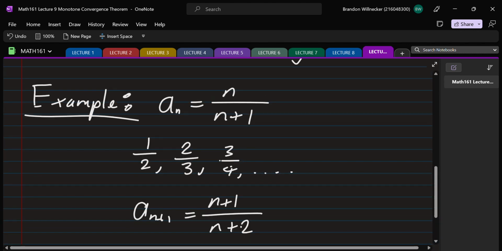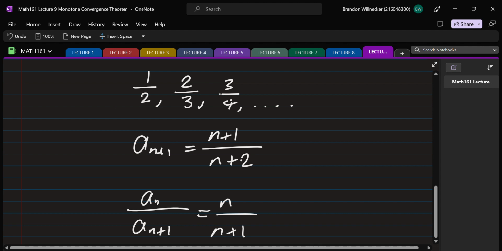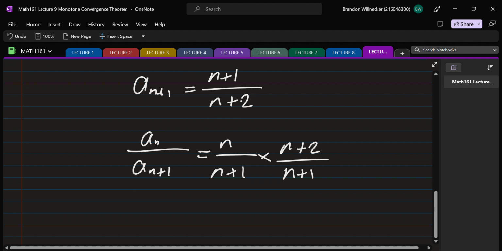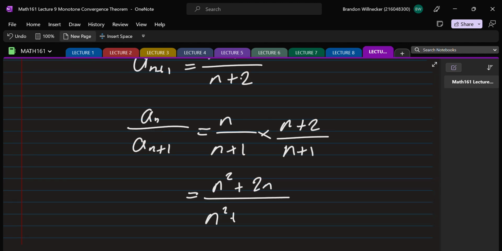Here a_n is our original n over n plus 1, divided by a_(n+1). But dividing by a fraction is the same thing as multiplying by the reciprocal, so we have (n+2) over (n+1). I've just taken the reciprocal because I'm dividing by that fraction. We can neaten this up a bit. In the top we get n squared plus 2n, and in the bottom it's (n+1) squared, so we end up with n squared plus 2n plus 1.